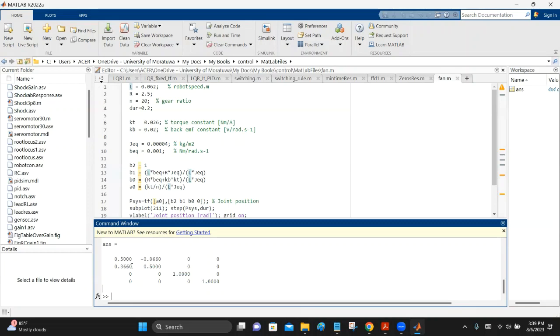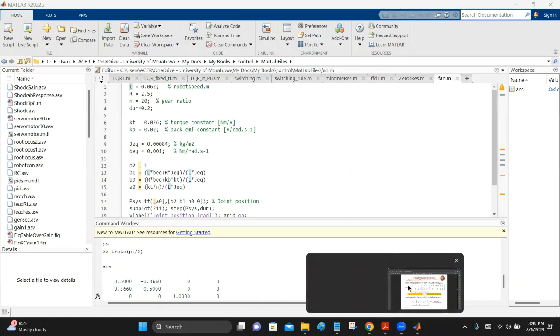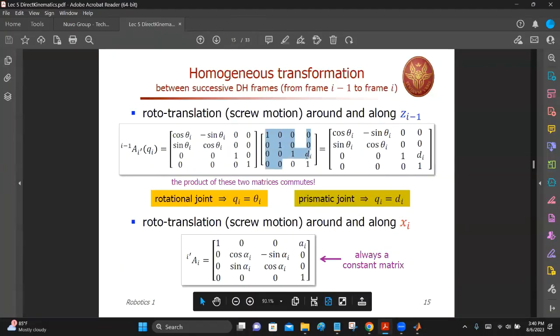So what is it? It's the rotation around the z-axis by some angle. Okay, so what about the second matrix here? Can anybody guess that one? What is that?